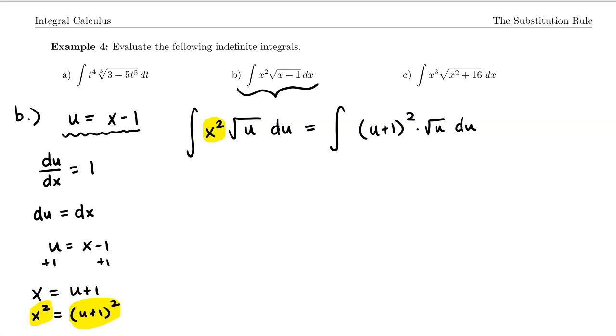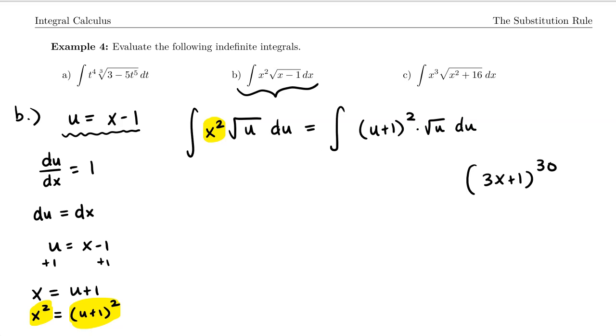The answer is yes. u plus 1 squared is the same thing as u plus 1 times u plus 1, and if we multiply that out, we're going to eventually be able to distribute in the square root of u. We saw in a previous example something like a binomial, maybe 3x plus 1 to the 30th power.